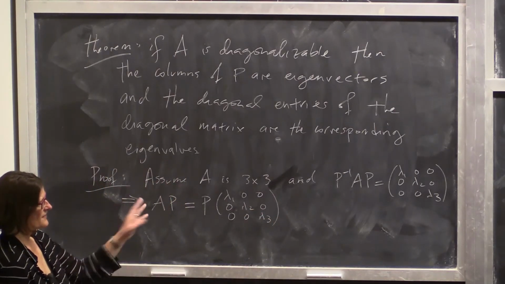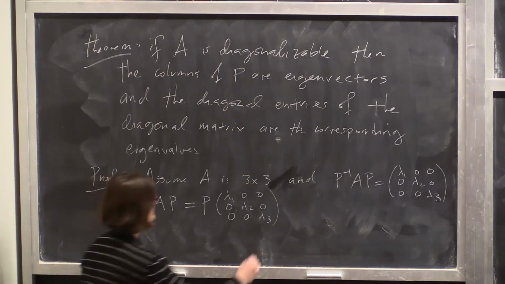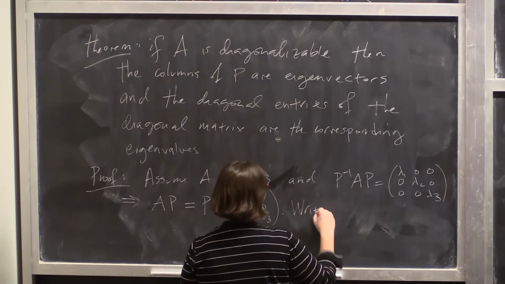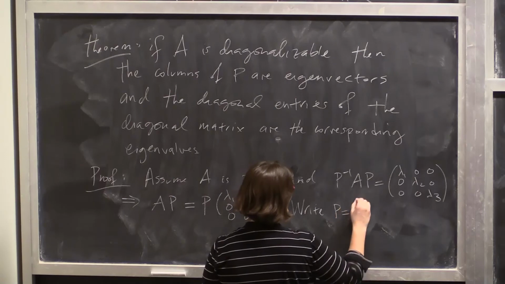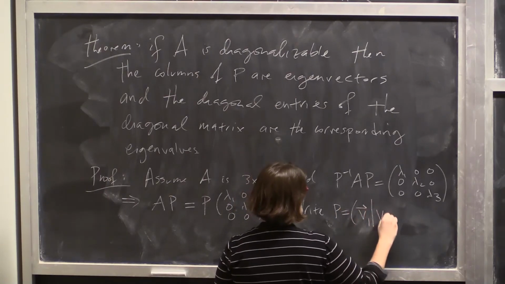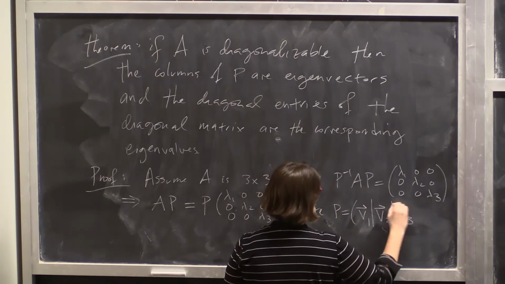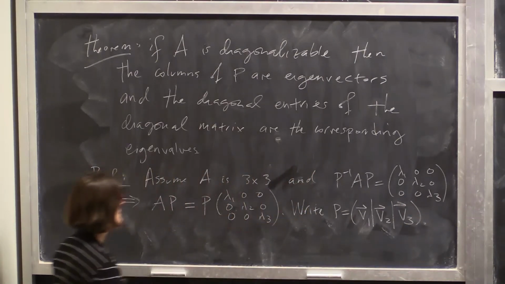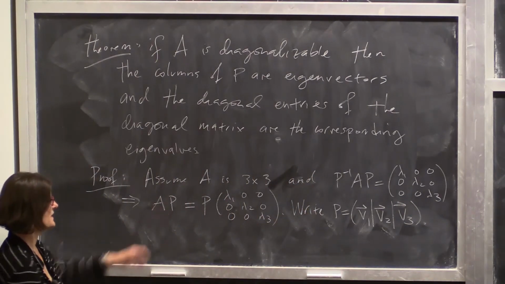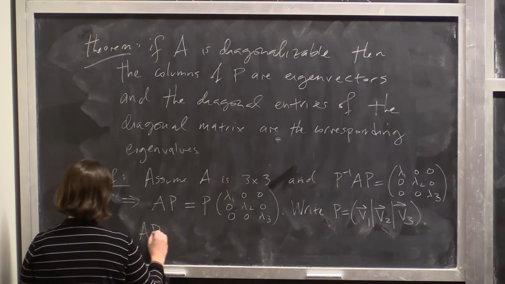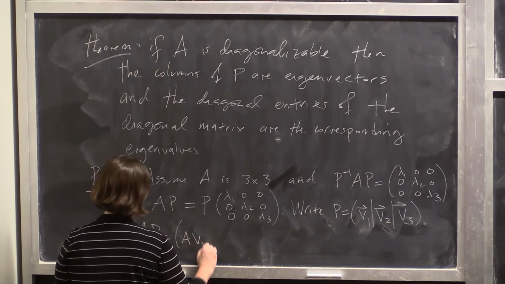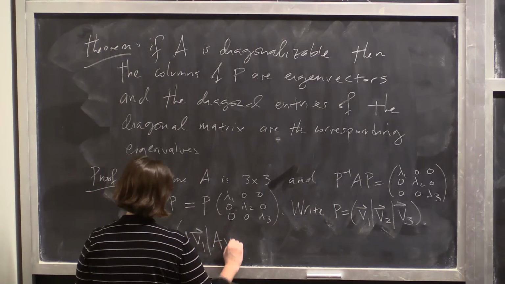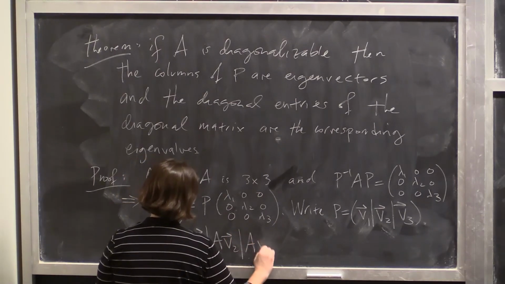I multiply it on the left by P. We write P in terms of its columns. So then A times P is A times the first column, A times the second column, A times the third column.